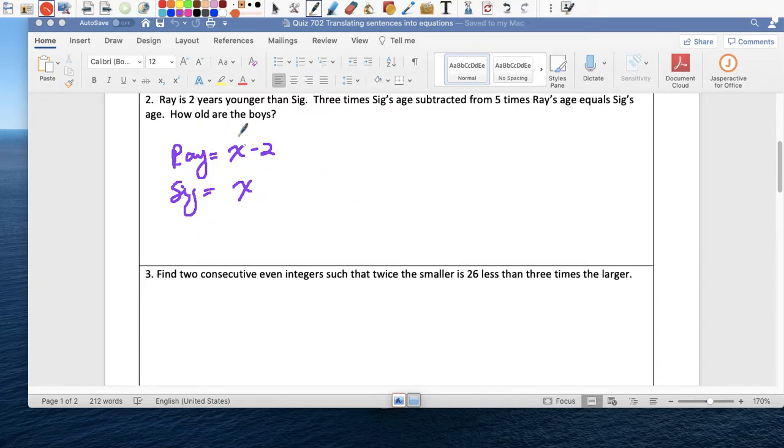Now we use the statement: 3 times Sig's age, 3x, subtracted from 5 times Ray's age, 5 times (x minus 2), equals Sig's age, and Sig's age is x.